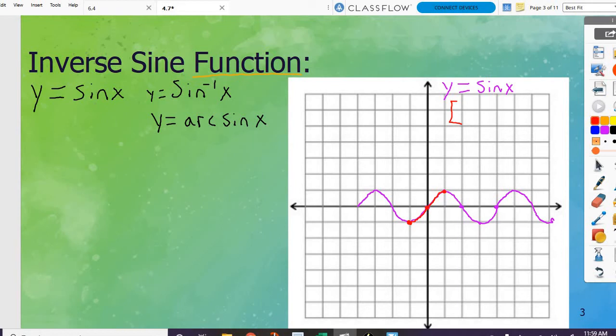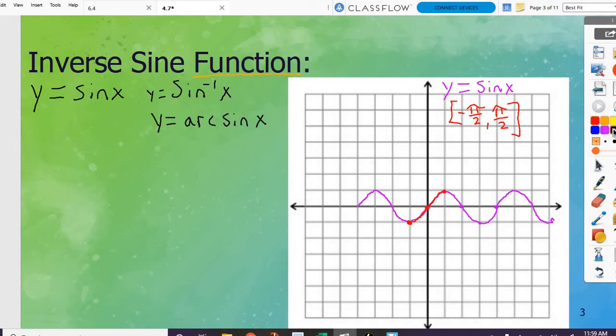Pi over 2. So each one of my boxes represents pi over 2. Okay, so what's that mean that my minimum is at? -pi over 2. And then my maximum is at pi over 2. So I know basically I chopped my graph off from -pi over 2 to pi over 2. We're okay with that.